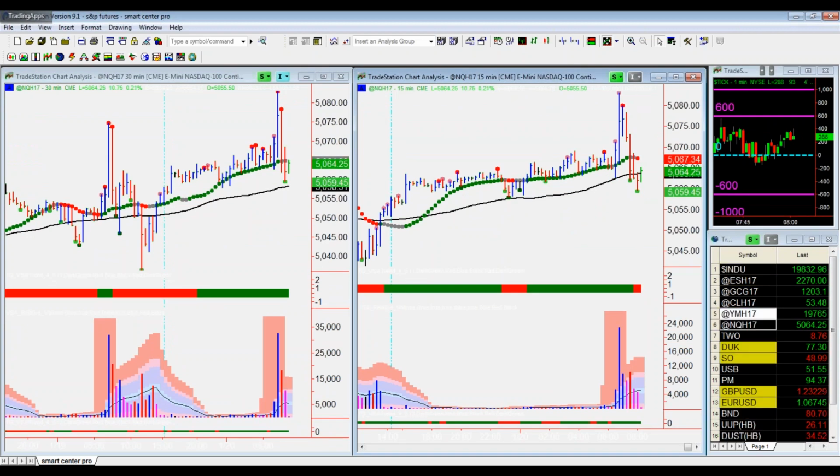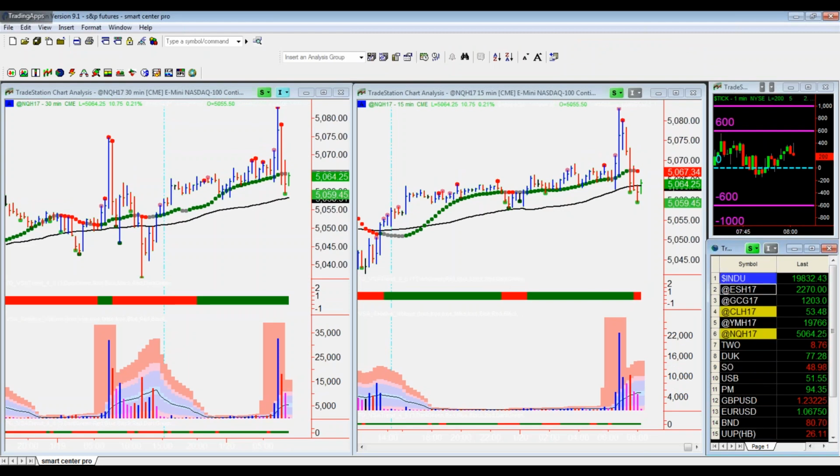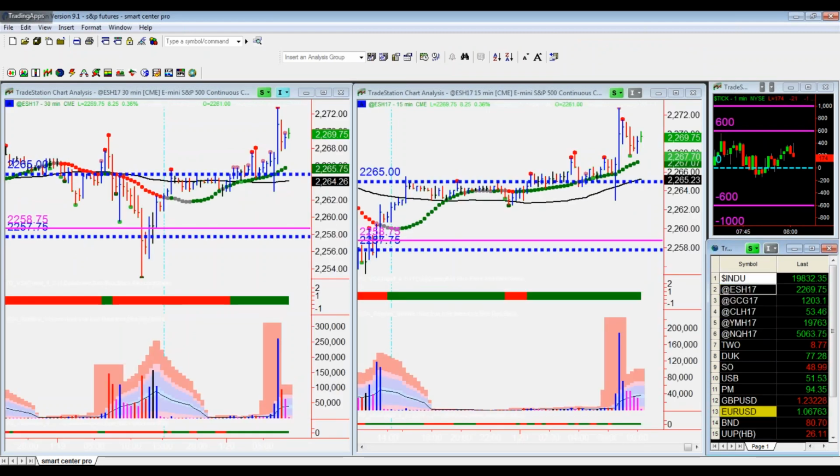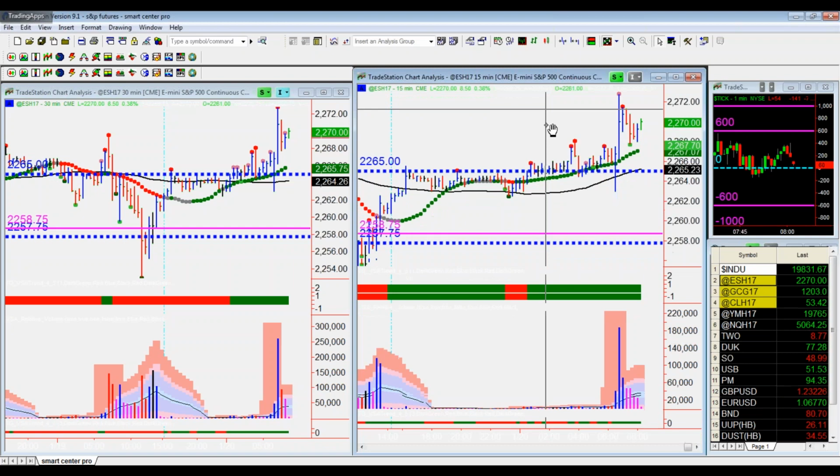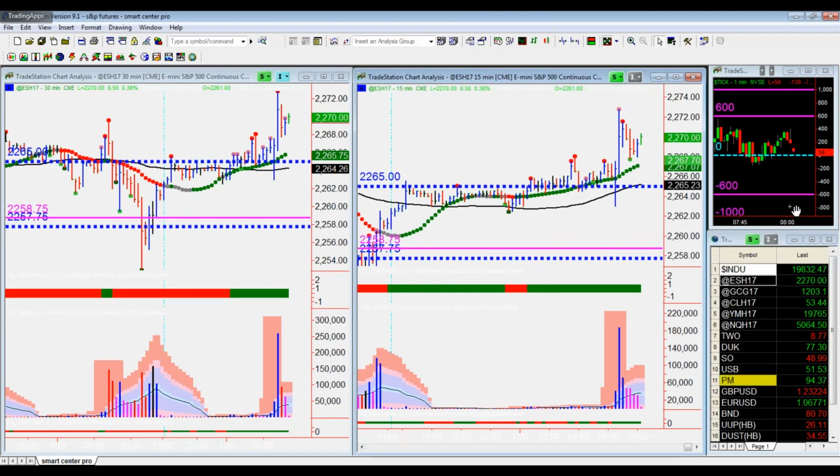NASDAQ high of that bar is 63.75, 64 and a half. Dow's at 101.